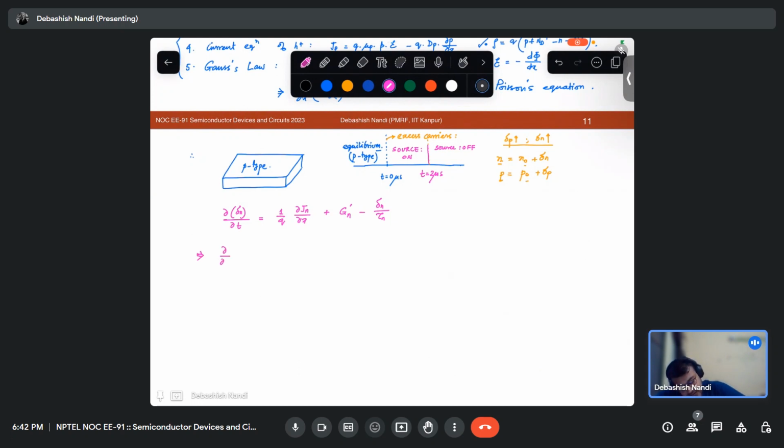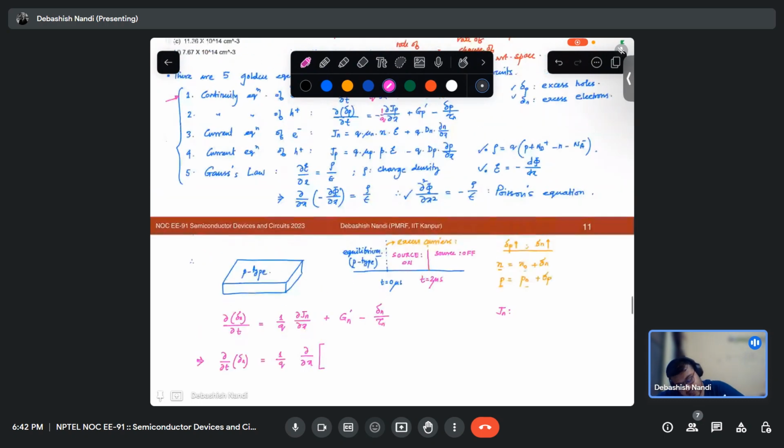We simply write it like this: 1 over q d/dx of Jn. What is Jn? I can write this from equation 3.